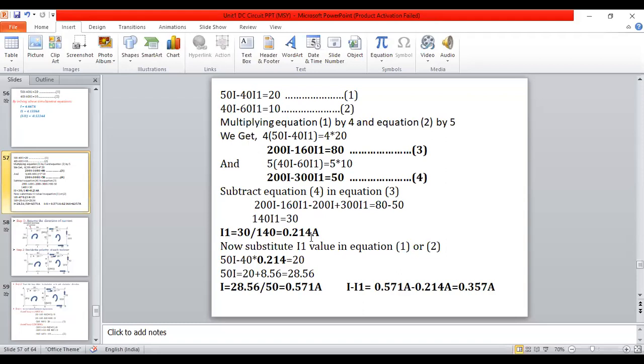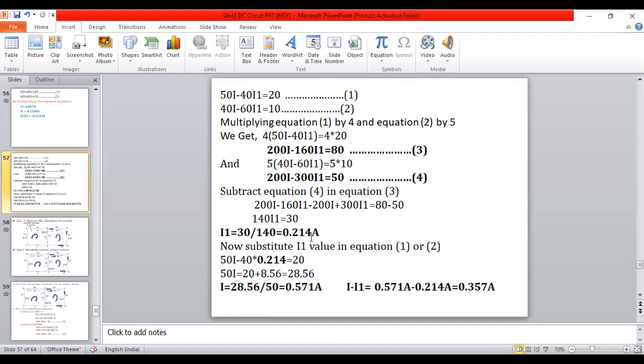Next, one more method is there. That one also I will tell. Just a minute. Minus 100 divided by minus 1400, it is nothing but 0.714. So one more method is there.